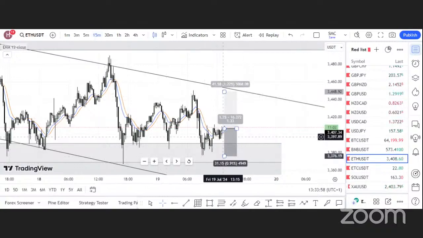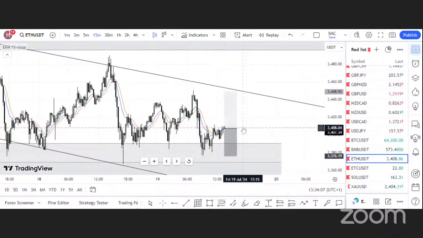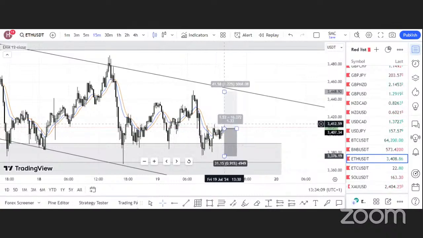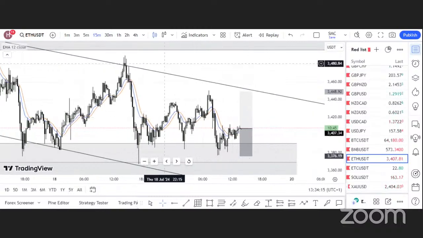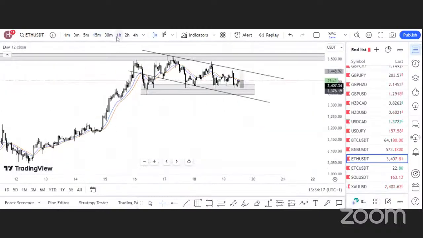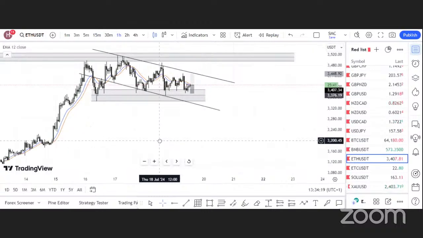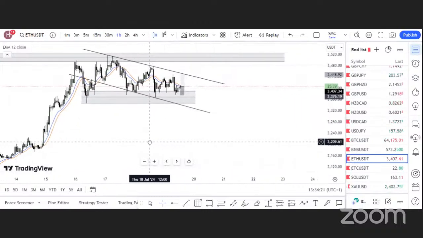And once I see that the market is either sitting on a support or hitting a resistance, then I'll follow the market trend and open position based on the market direction, right? So this is Ethereum USDT, and this is the analysis for Ethereum USDT. I'm currently on the 1 hour time frame.